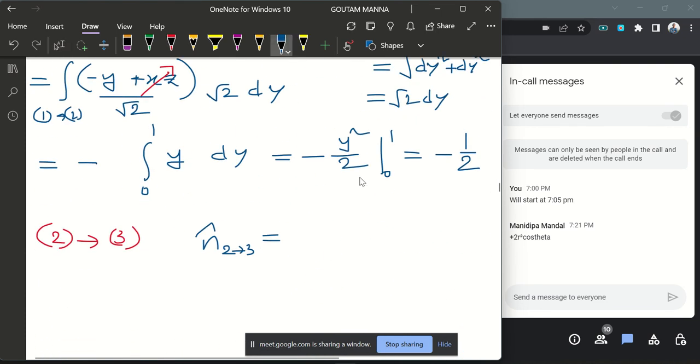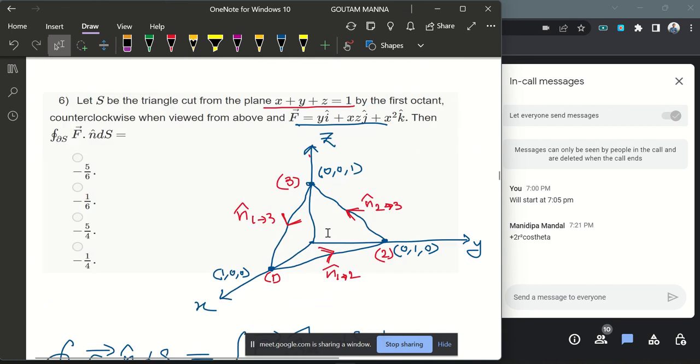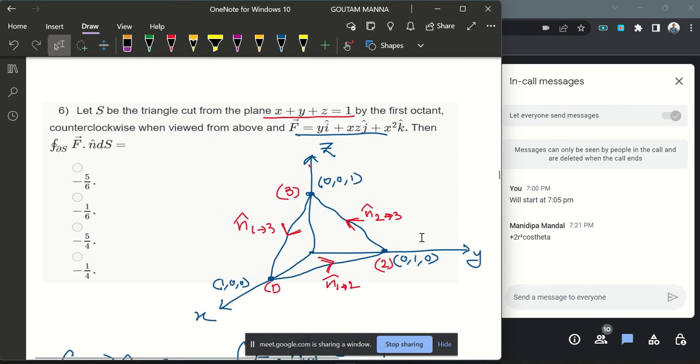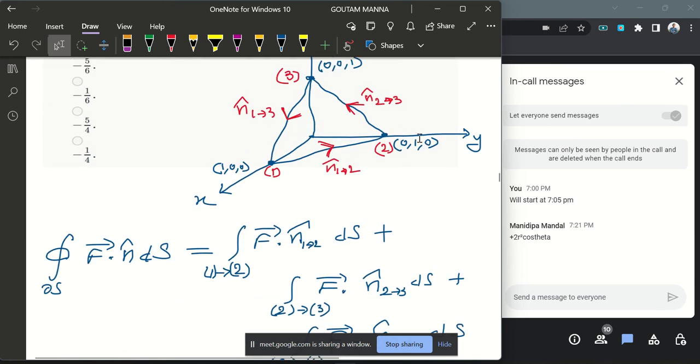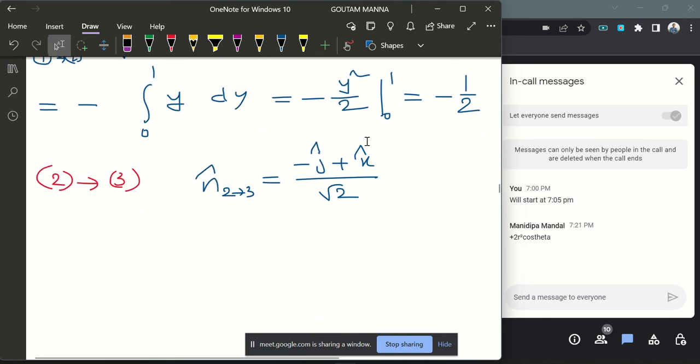So it will be minus j hat plus k hat by root 2, and in this line x equals 0, because we are in the zy plane, yz plane, so x equals 0, and that means the equation of the line is given by y plus z equals 1.